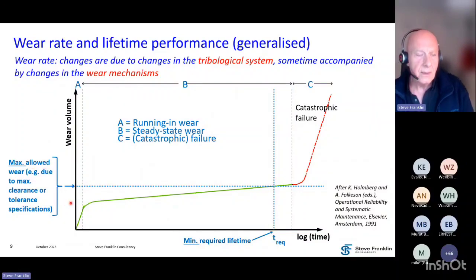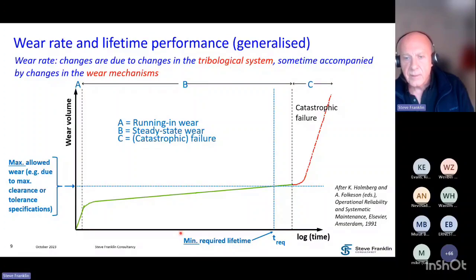For example, there's a maximum clearance that's allowed for the application, or tolerances specified for the application, and that represents a maximum amount of wear that can take place for that particular application and that particular component or product. So this is this dotted line here that I'm indicating.